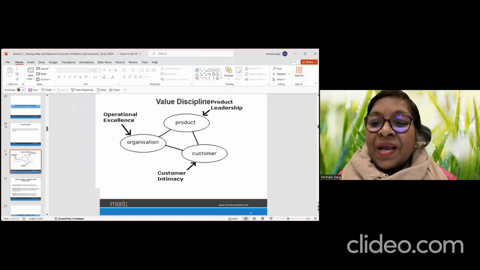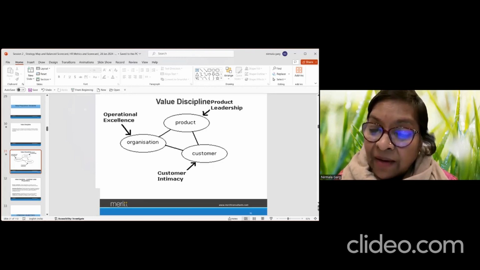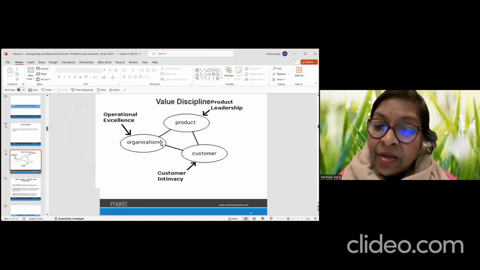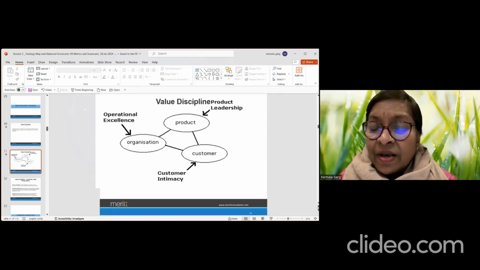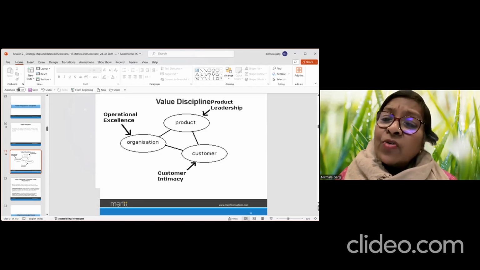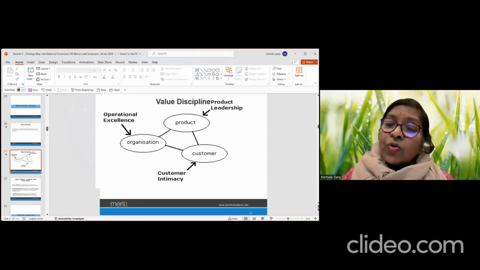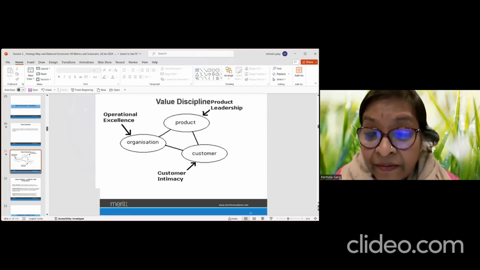And likewise, even customer intimacy, the kind of salaries people will have to pay is higher than operational excellence. So all these three disciplines are business models. Depending on which value discipline you are, all your HR metrics and HR processes will vary.